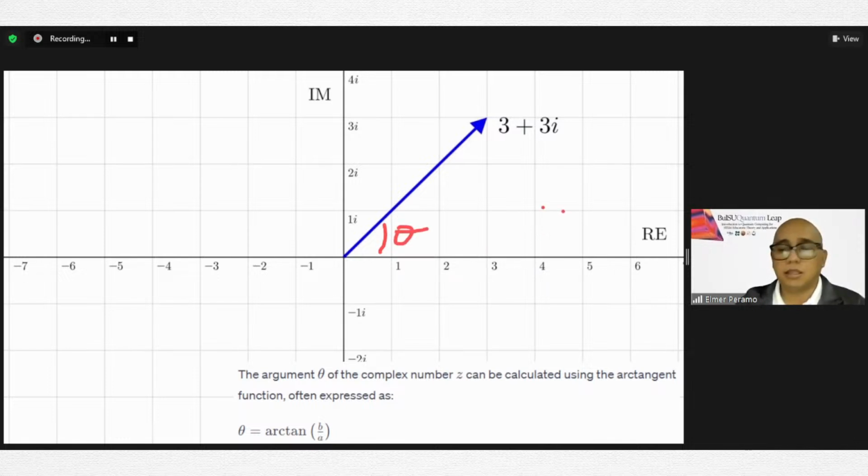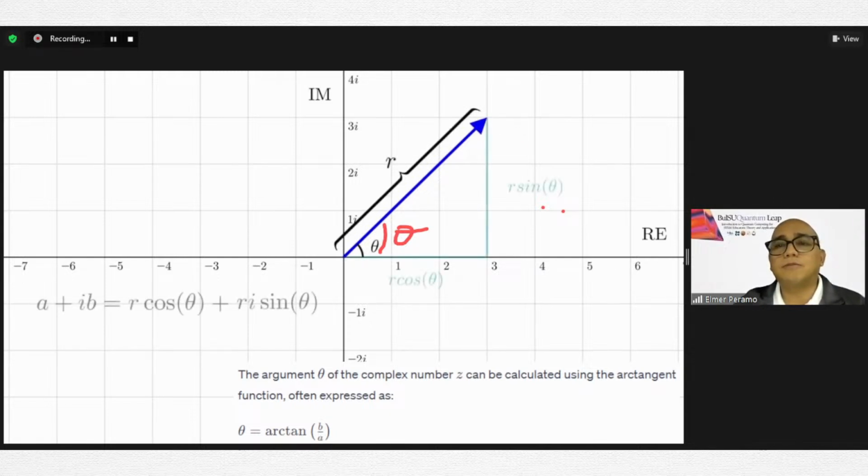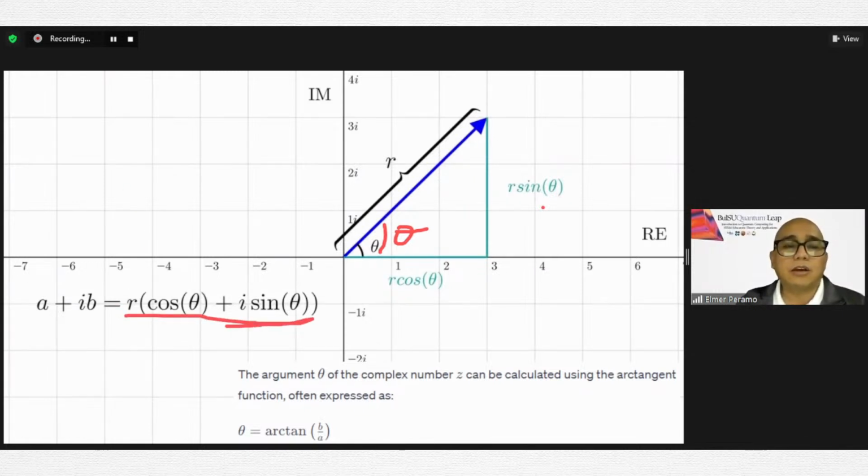And how is it computed? That's your modulus, or your absolute value. And this is another form. You can actually represent a complex number with this form. I'm going to deal with this later. This is called the polar form of the complex number.